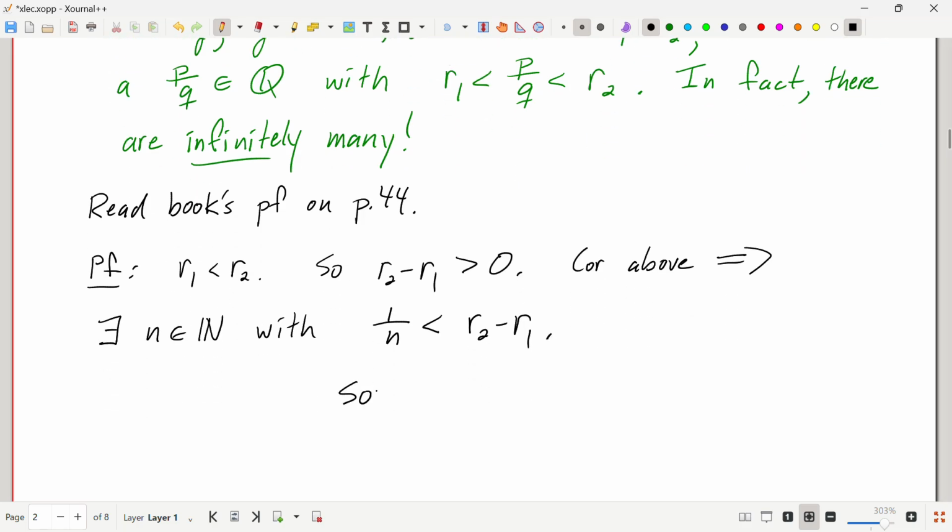And so 1 would be less than n times (R2 minus R1), which is equal to n times R2 minus n times R1.